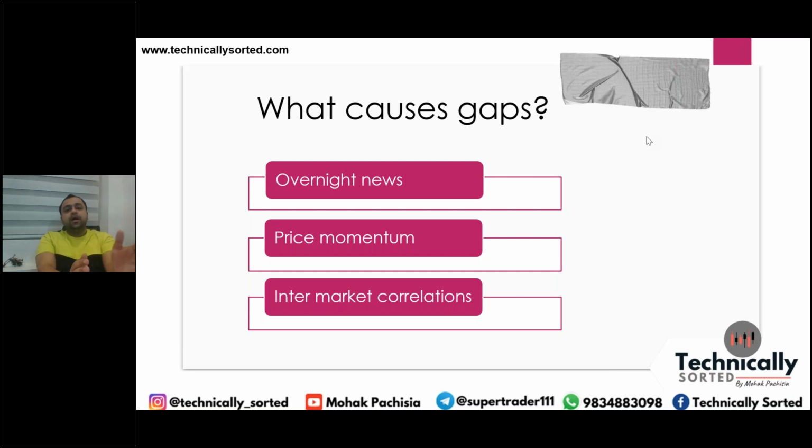So an overnight news can have an implication. Now, depending on how strong the implication is, often you will see that market prices behave in that manner. If there is an implication which is very strong, then it would motivate a large number of buyers or a large number of sellers to push the price in one direction because they are motivated by the strength of the implication.